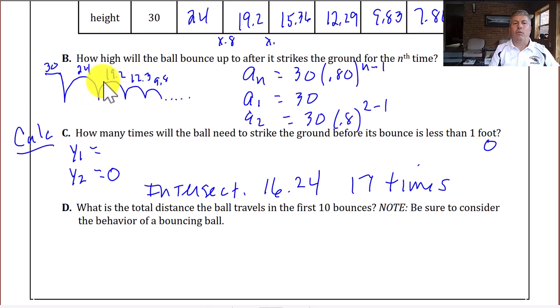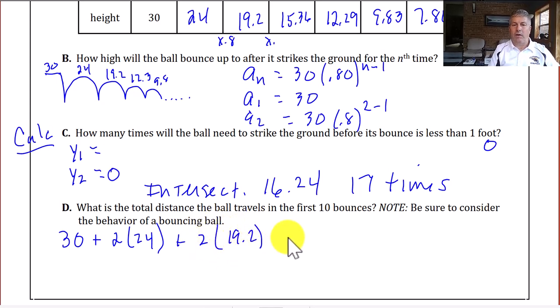And then when it goes up 19.2, it also goes down 19.2. So our equation is going to be 30 plus 2 times 24, plus 2 times 19.2, plus 2 times 12.3, and so on and so forth, 10 times.